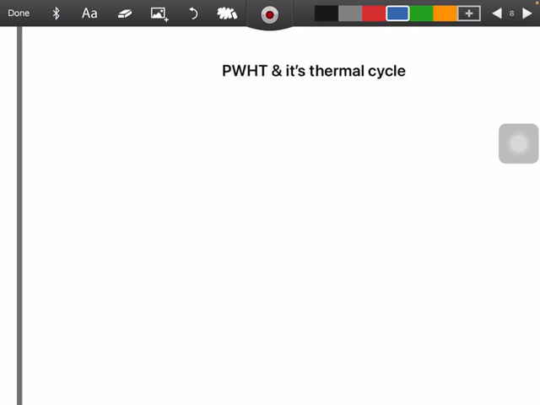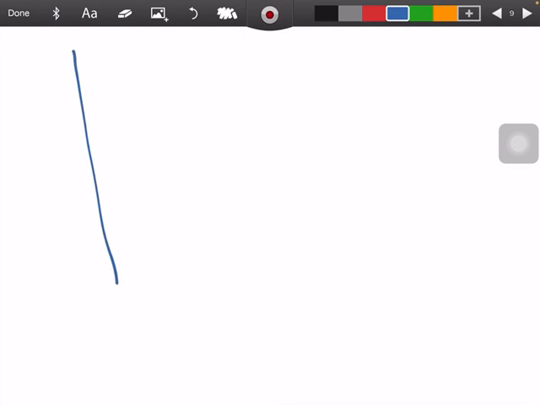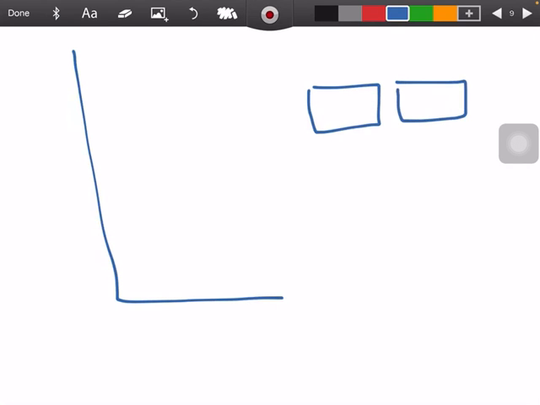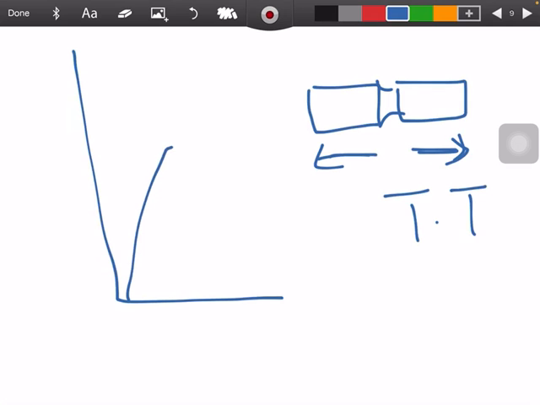What is toughness? For example, there is a piece in front of you, and we pull it in a tensile test. When we pull it, the stress is increasing and the strain is also increasing.